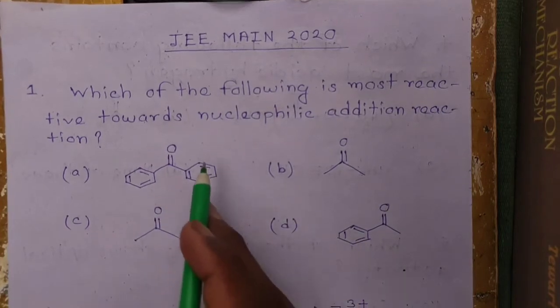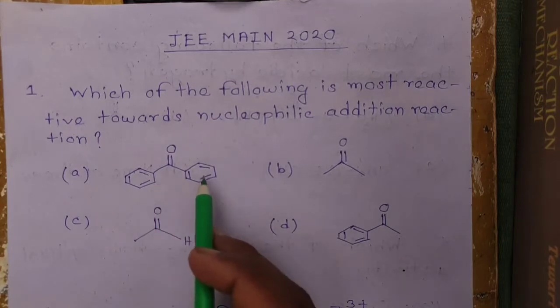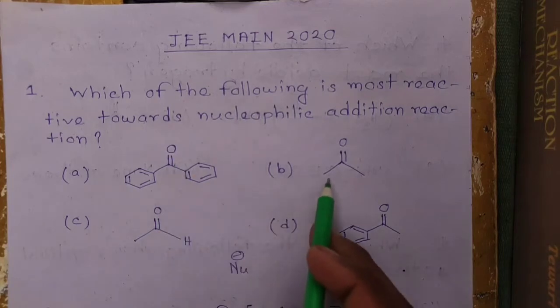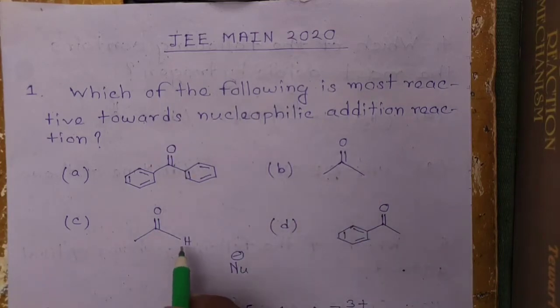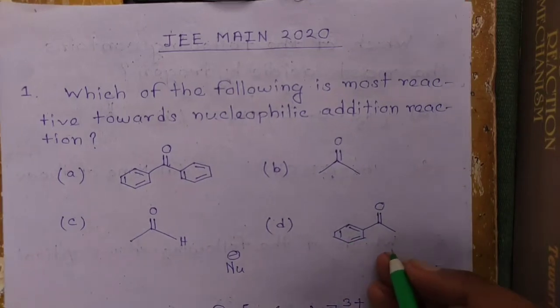Now we can simply define that this is a compound where this is a ketone, this is also acetone, a ketone, this is acetaldehyde, an aldehyde, and this is also a ketone.